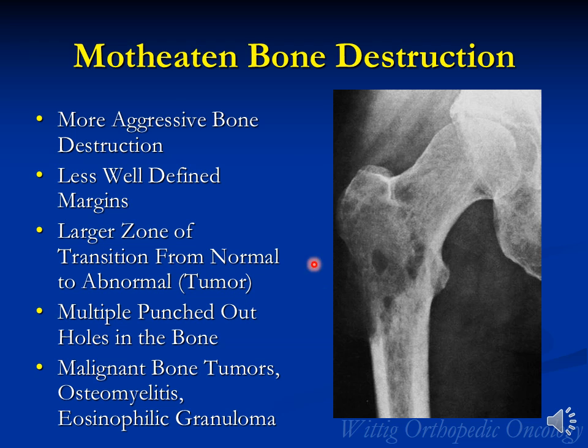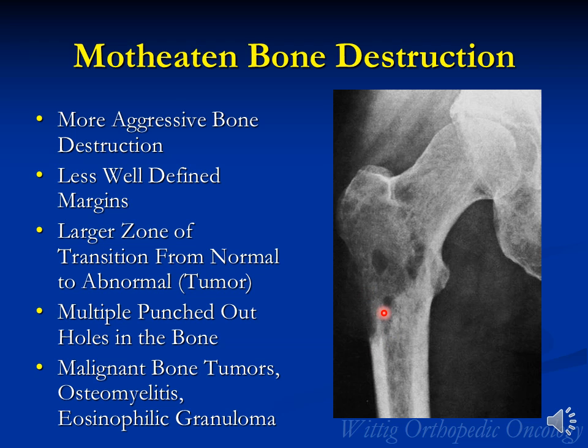In a moth-eaten pattern of bone destruction, you see multiple punched-out holes, usually separated from each other by tumor tissue that appears permeative in nature. It's indicative of a malignant type of bone tumor, osteomyelitis, or rarely eosinophilic granuloma, which is a benign condition, can have a similar appearance.